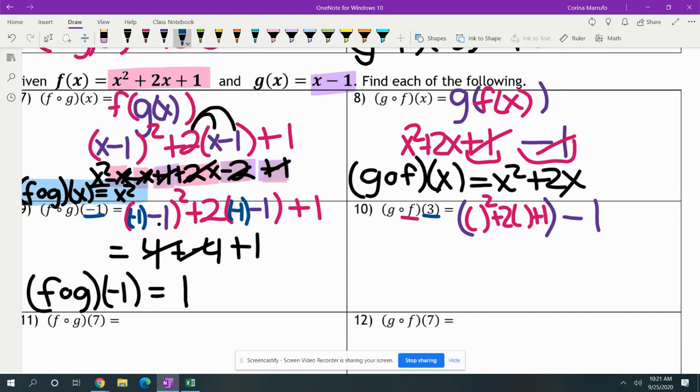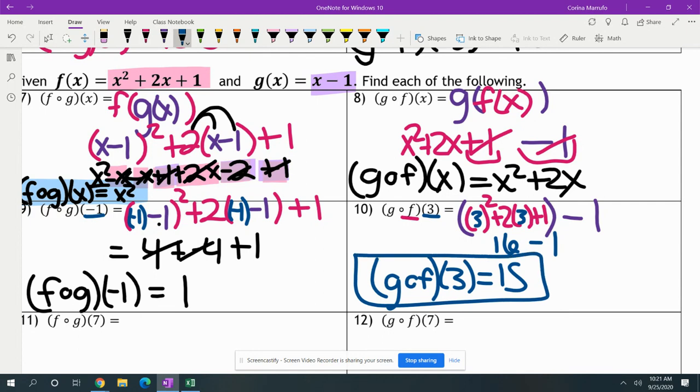They want us to put a 3 in there. So I'm going to plug in a 3 here and a 3 here. And so 3 squared gives us 9 plus 6 plus 1 gives us 16 minus 1. Okay, so that means G composite F of 3 is equal to 15.